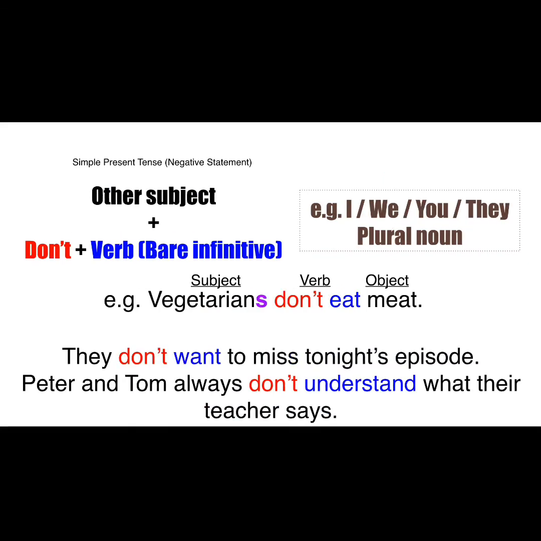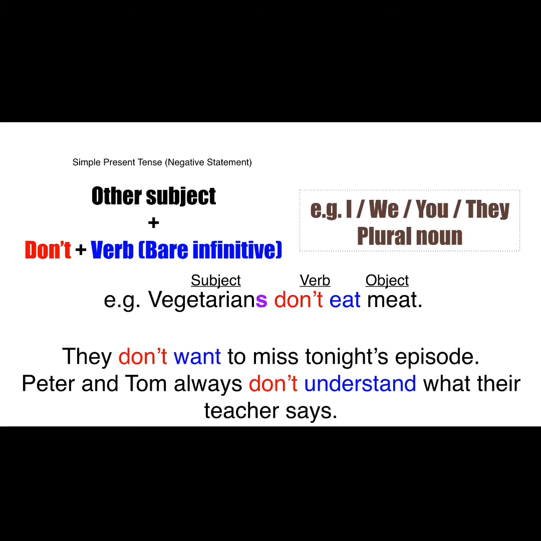The last thing that we are going to look into are sentences, the negative statements in simple present tense that begin with other subjects, such as I, we, you, they, the plural noun. If we see these subjects, we will use the word don't before the verb.